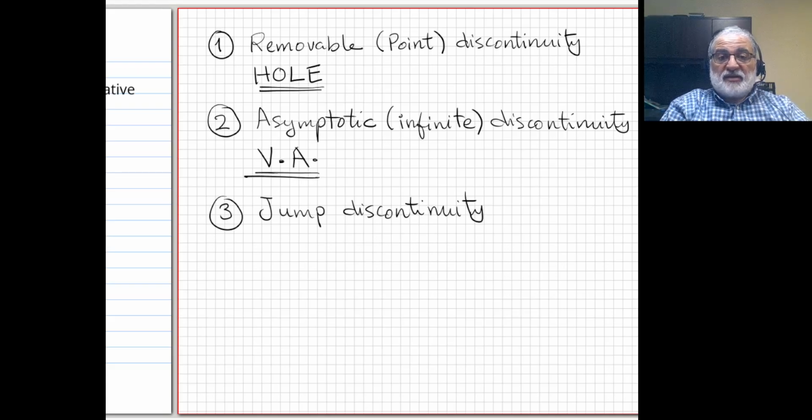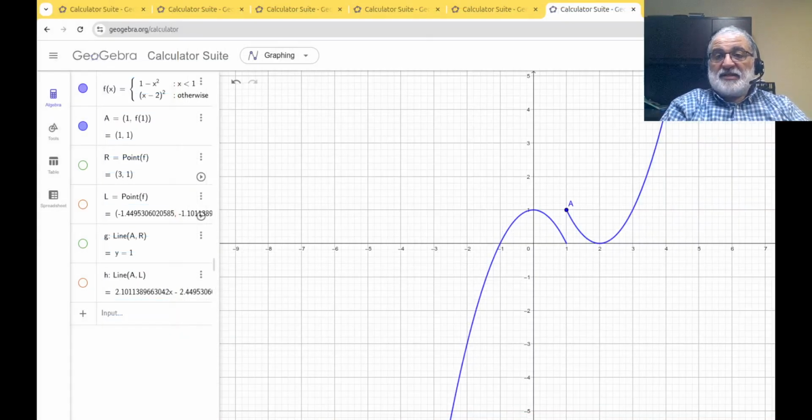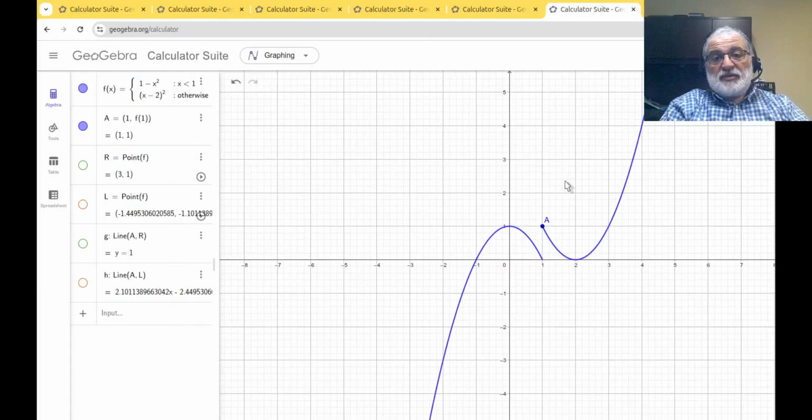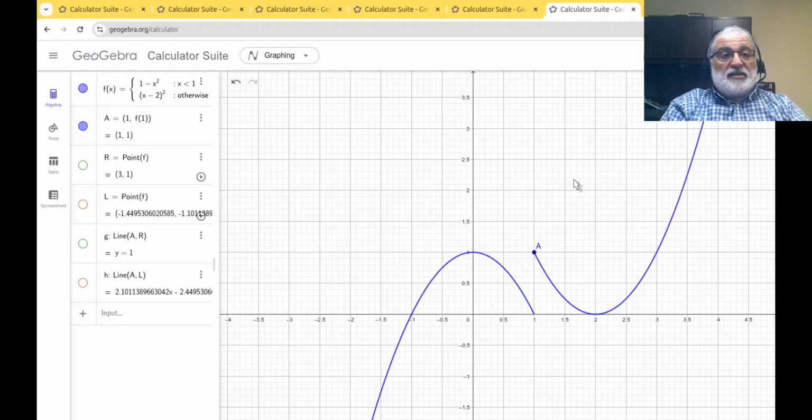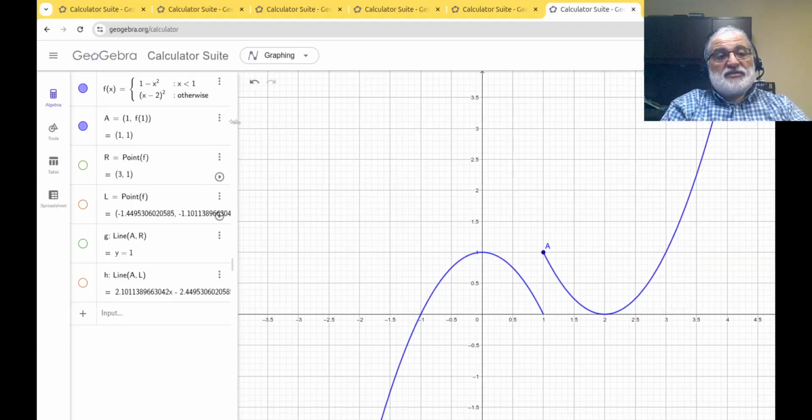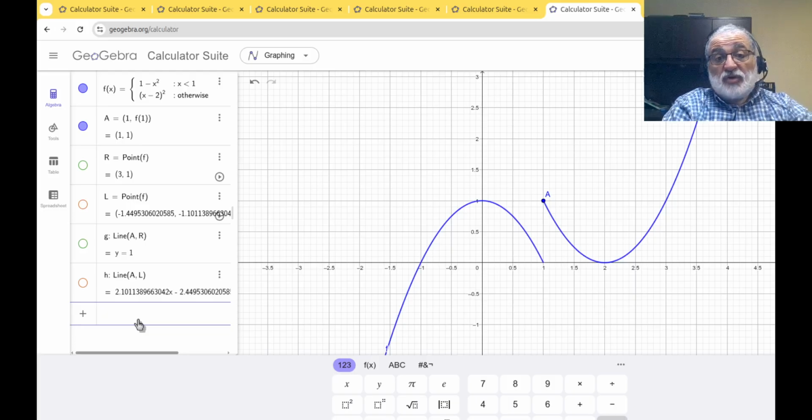So let's take a look at this. This is an example of jump discontinuity. The definition of the function is to the left, as you can see. The point that belongs to the function is point A over there. In this case, I actually forgot to put a hole where we have 1 and 0.